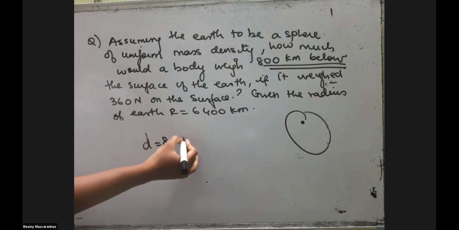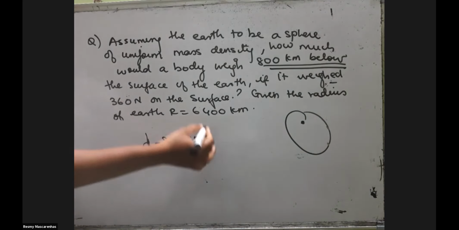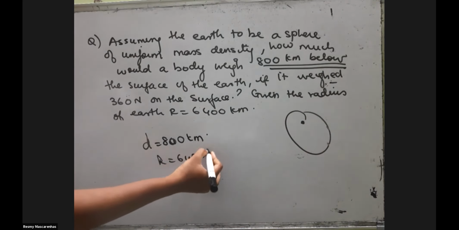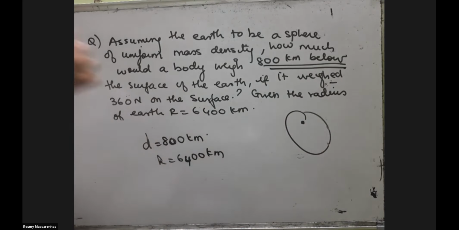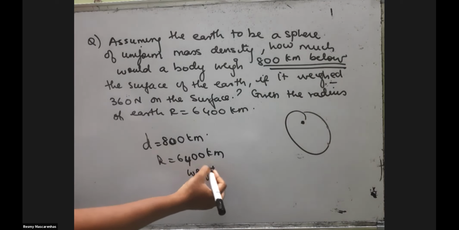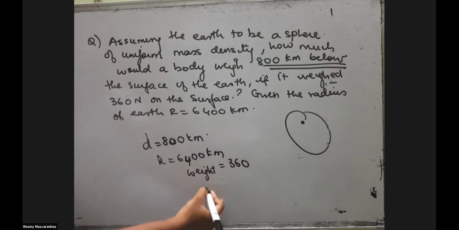Depth will be 800 kilometers. R is given as 6,400 kilometers. Weight is given as 360. You know that weight is nothing but mass into gravity.